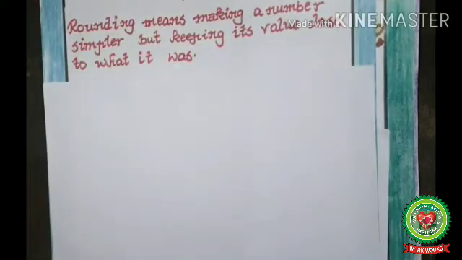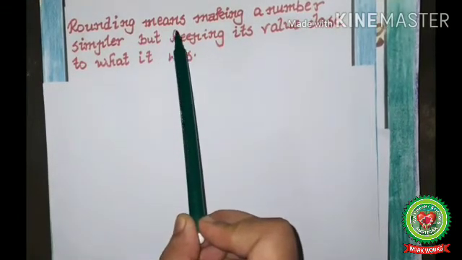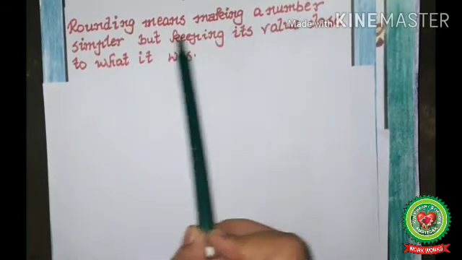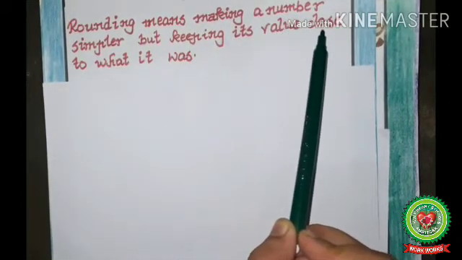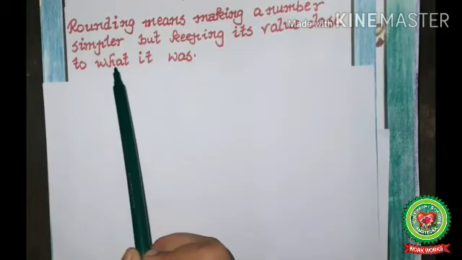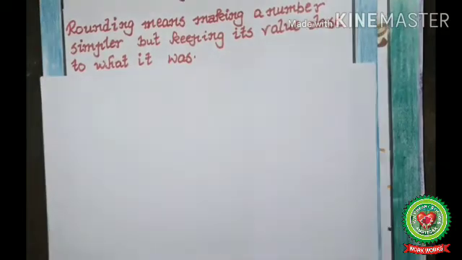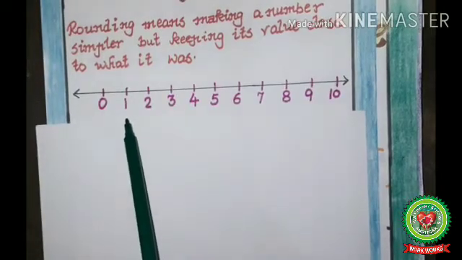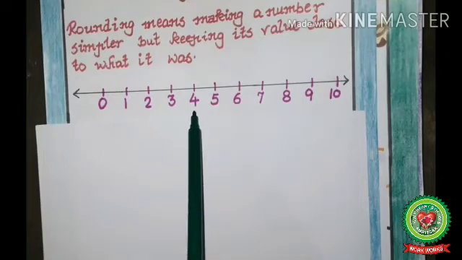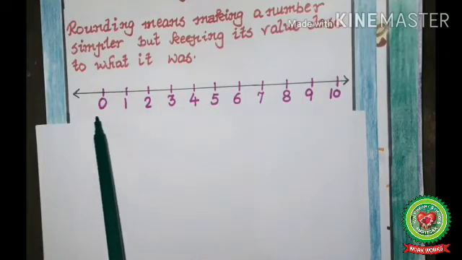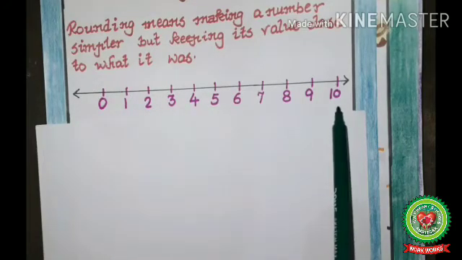Students, what is the meaning of round off? Rounding means making a number simpler but keeping its value close to what it was. For example, numbers 1, 2, 3 and 4 are nearer to 0 than 10.